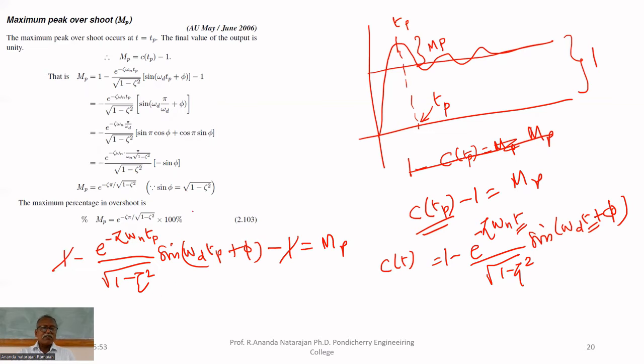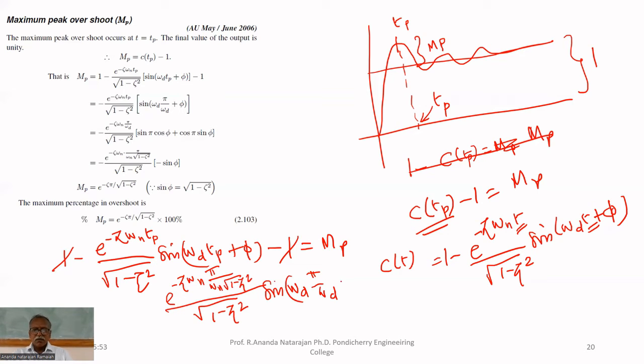But we know the value of Tp, so we can substitute it. Substituting, we get e power minus zeta omega n times Tp, where Tp equal to pi by omega d, upon square root of 1 minus zeta square, sine omega d times Tp, that is pi by omega d, plus phi, equal to MP.